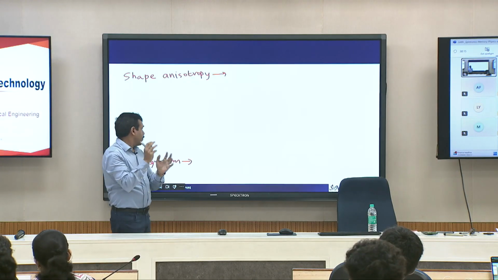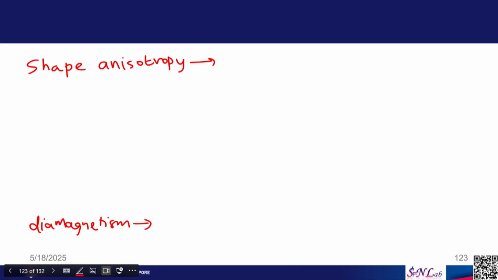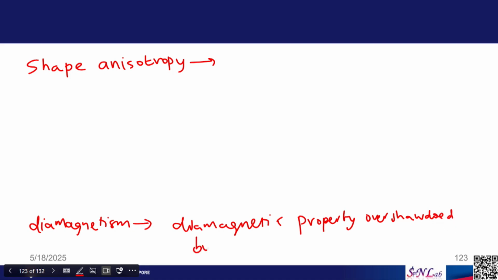The closed shells of cobalt atoms also will show diamagnetic property, but the diamagnetic property is overshadowed by the uncompensated spins in 3D shells.